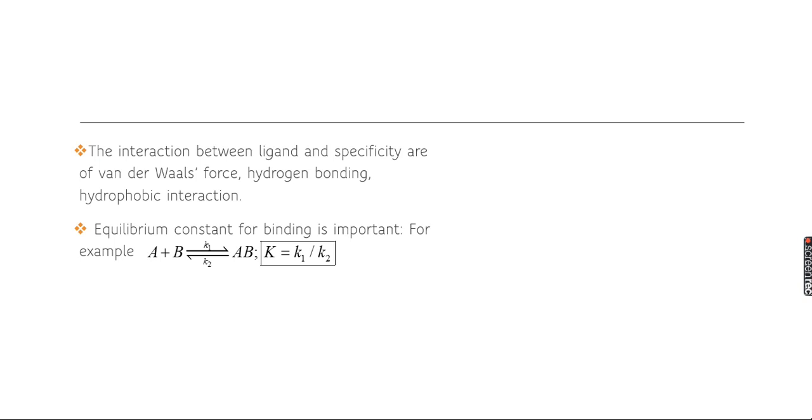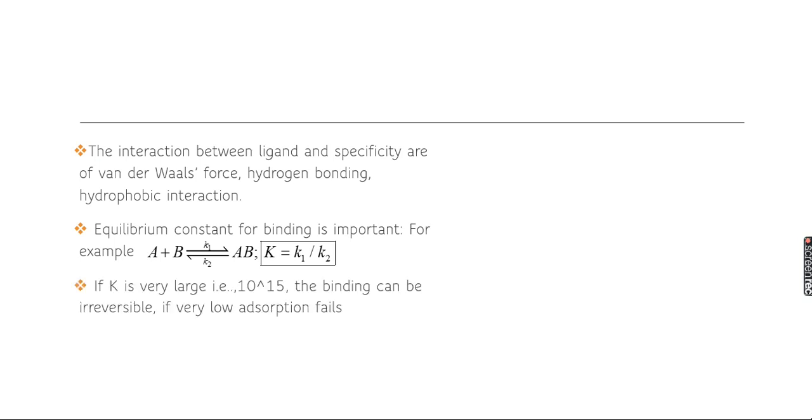A and B binding will be a reversible process, with one rate constant K1 and another K2, and we can find the ratio between the forward and backward reactions. That is the equilibrium constant for binding. This value is very important, because if the K value is very high, that means strong binding is there. If K is very low, then it is non-specific binding and adsorption may not really take place.